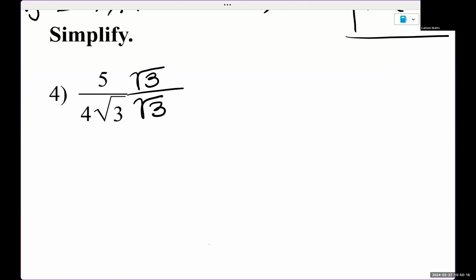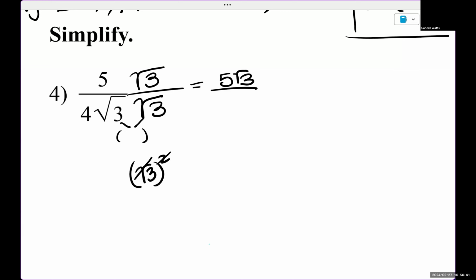Okay, simplify. Work ahead of me. So the top, we have 5 rad 3. Now, we have rad 3 times itself. The squared cancels the square root.